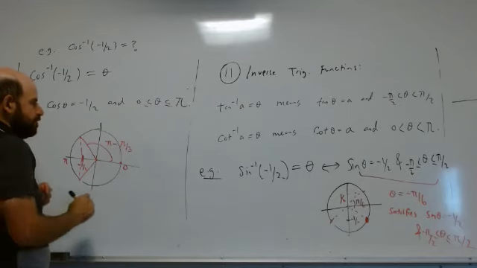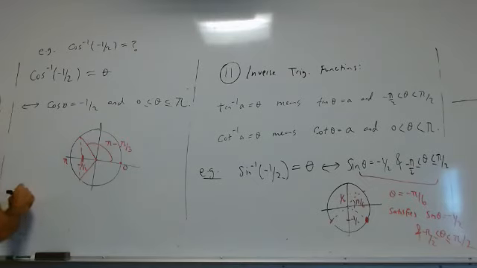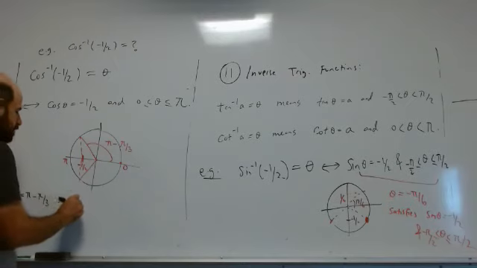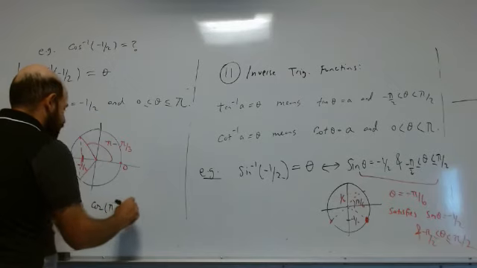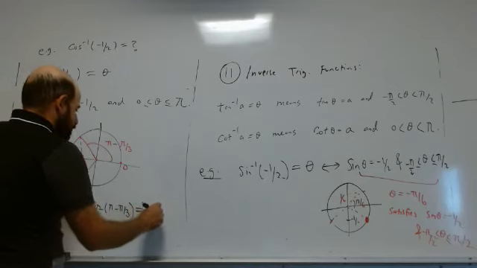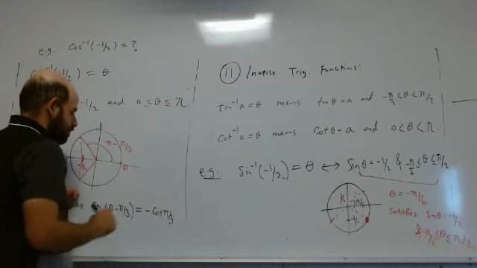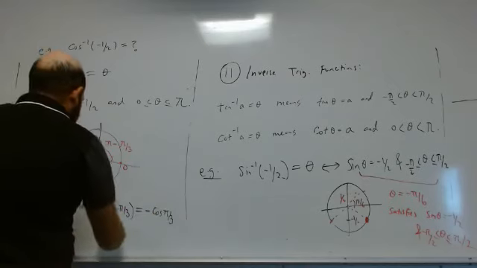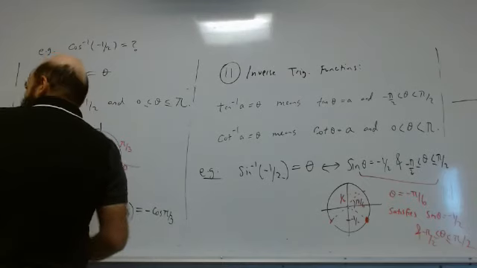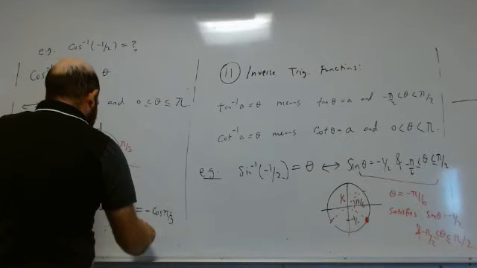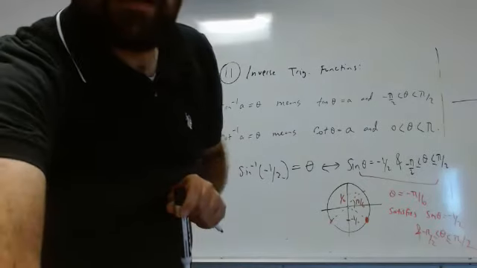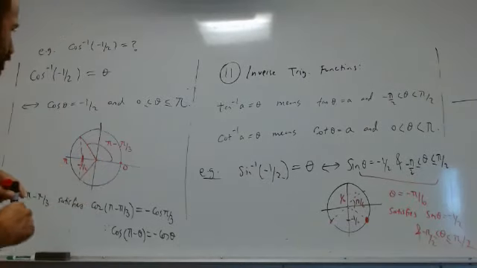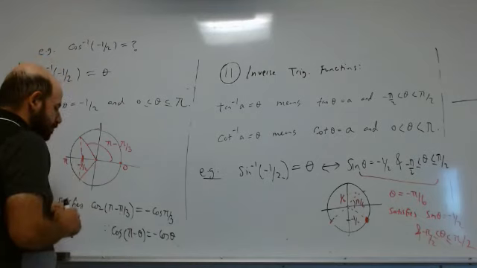Why pi minus pi over 3? See, theta equals pi minus pi over 3 satisfies cos of pi minus pi over 3 equals minus cos pi over 3. Right? This is because cos of pi minus theta equals minus cos theta.